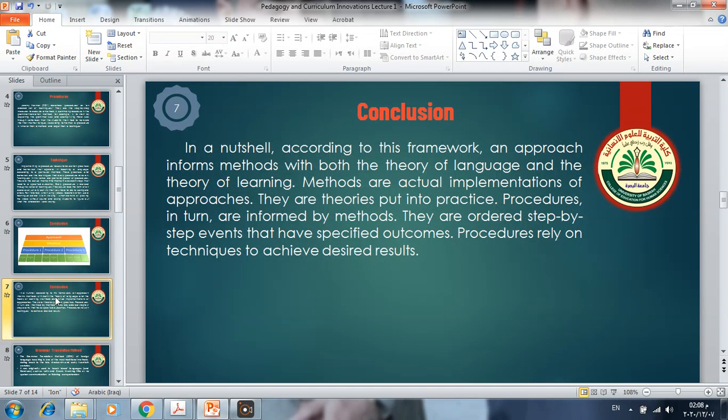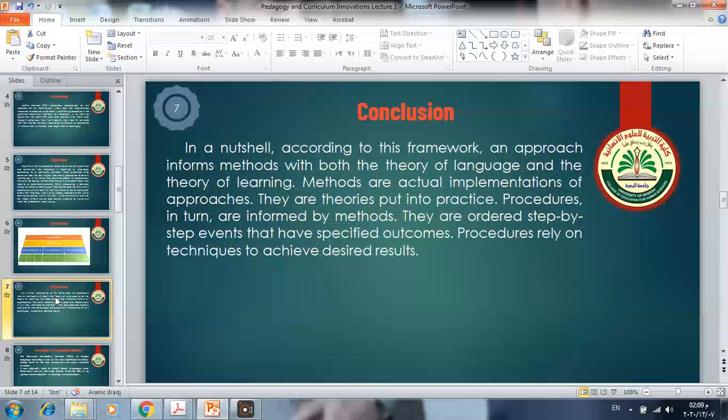So, in conclusion, according to this framework that we have just described, an approach informs methods with both the theory of language and the theory of learning. So the approach informs the method, the theory of language and the theory of learning. The methods are the actual implementations of approaches.